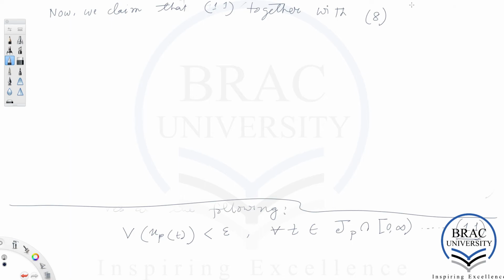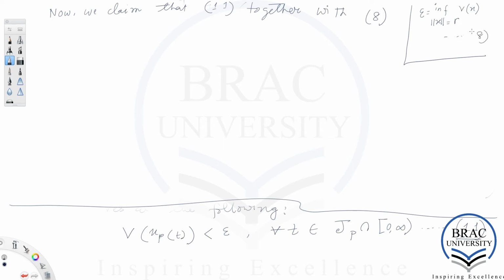Together with 8. 8 was the definition of epsilon, which was taken to be the infimum of all the values of V of x as x moves along the sphere of radius r centered at the origin. That was the definition. So this was 8.